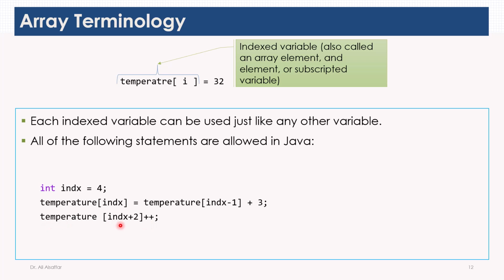We are referring to the index variable that is at location 6, because the expression index, 4 plus 2, is 6. We take its value and we increment it by 1. Finally, we are adding a number to the index variable at location 4. So this is a statement that accumulates the value of num to the value of the index variable at location 4.